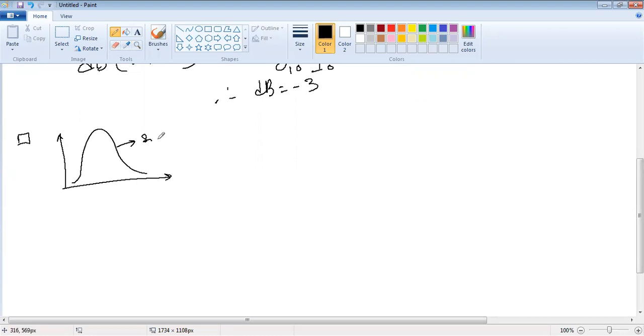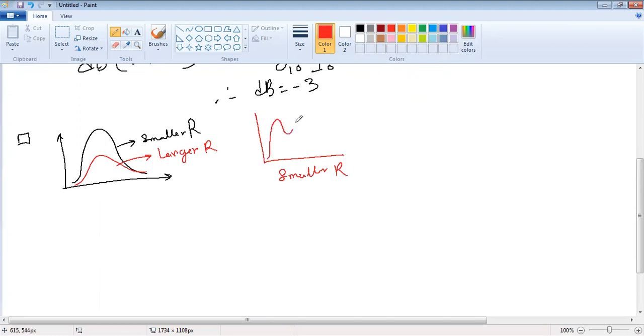This is the smaller R, and this is the larger R. You can see for the smaller R, the circuit is oscillating, but for the larger R, the circuit is damped and it achieves stability.